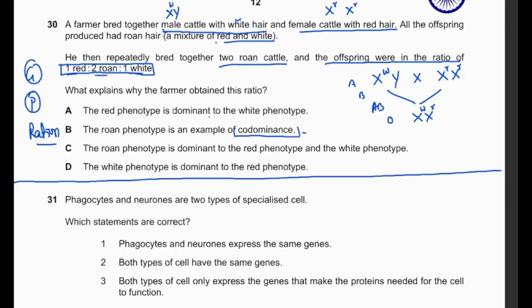Is the roan phenotype dominant to the red and white phenotypes? The offspring phenotype is not dominant here. And is the white phenotype dominant to the red phenotype? No. So this is a clear example of codominance here, with a 1:2:1 ratio.